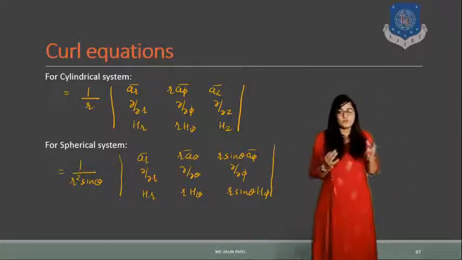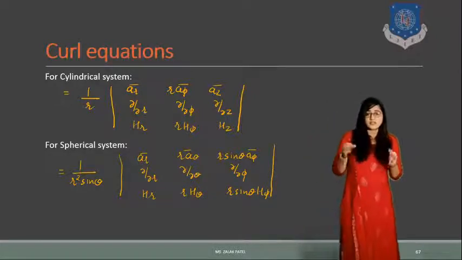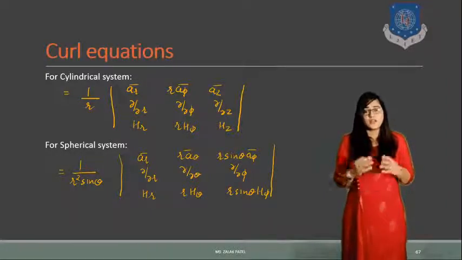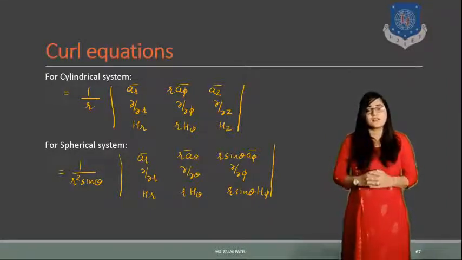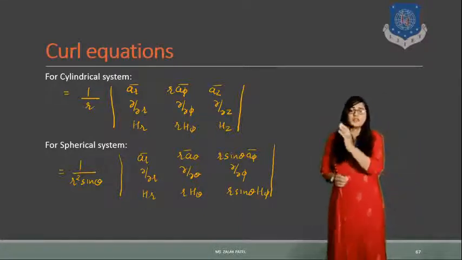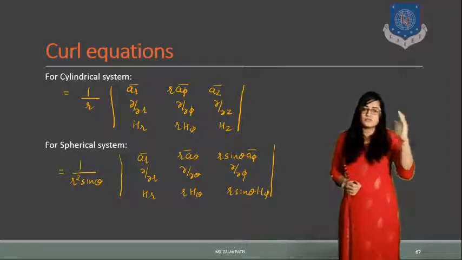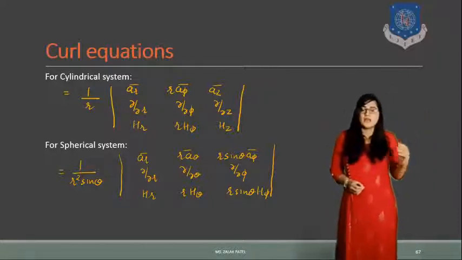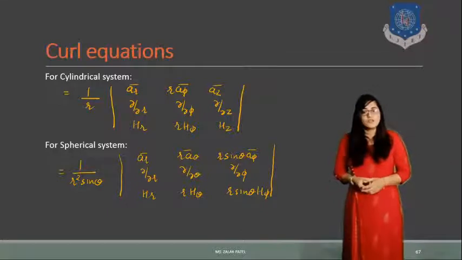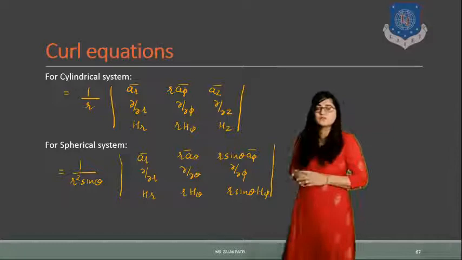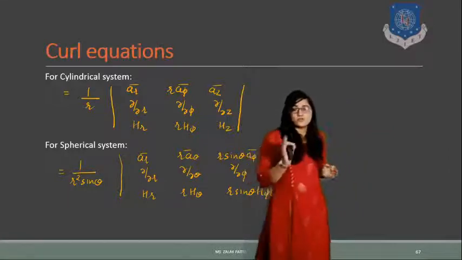If you don't remember the curl's generalized equation, then you should always try to remember the generalized equation for spherical or cylindrical coordinates, that is 1 upon h1 h2 h3 into the determinant: h1 au, h2 av, h3 aw, then del by del u, del by del v, del by del w, then h1 Au, h2 Av and h3 Aw, in which h1, h2 and h3 are the multipliers and u, v and w are the coordinates.